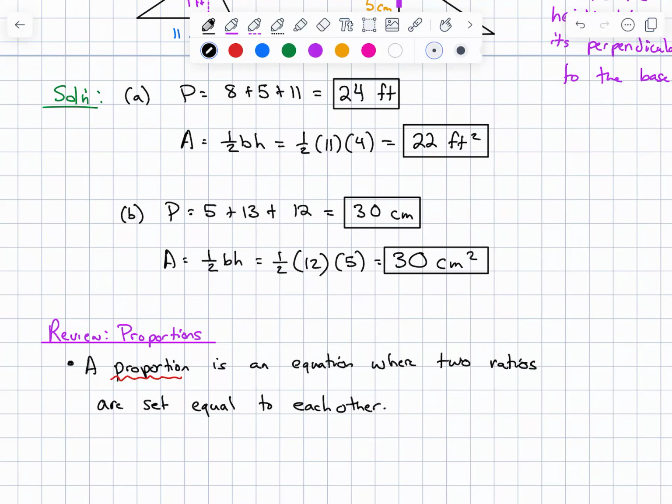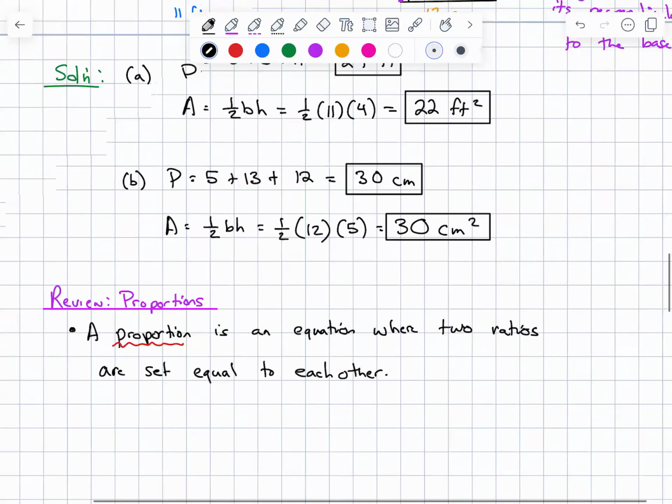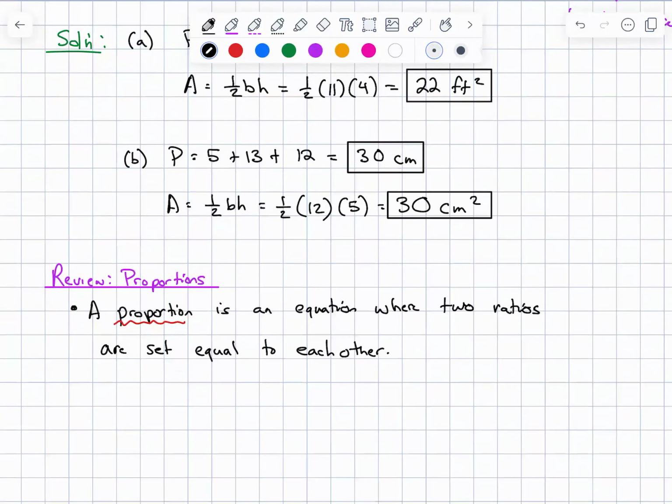Now, there are simple proportional relationships, where it's just a true statement. And then there are ones where you're actually going to solve them. So the most simple case of a proportion would be something like 2/3 equals 6/9. That is a purely mathematical proportion. There's no context behind it at all.